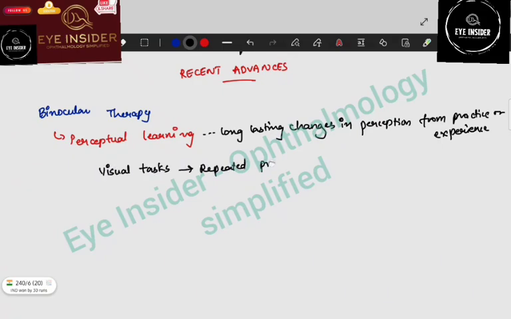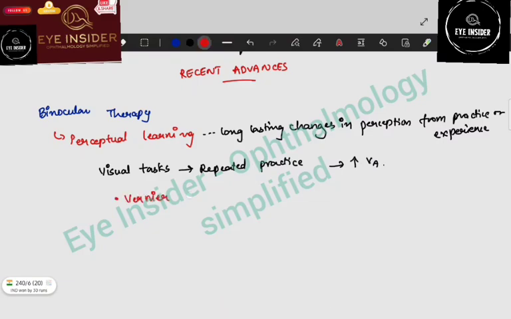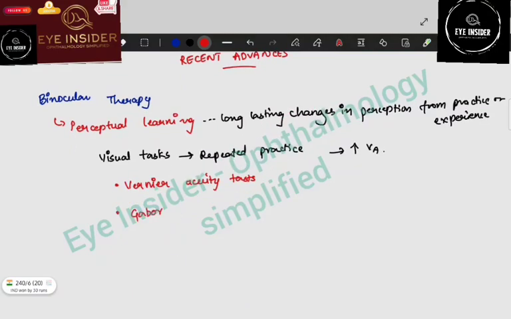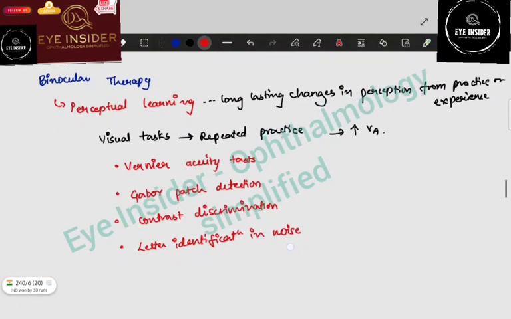So they give visual tasks to the patients which are performed repeatedly. This increases the visual acuity slowly. We have vernier acuity tasks, Gabor patches, contrast discrimination, and letter identification in noise. These are some of the visual tasks which are given.